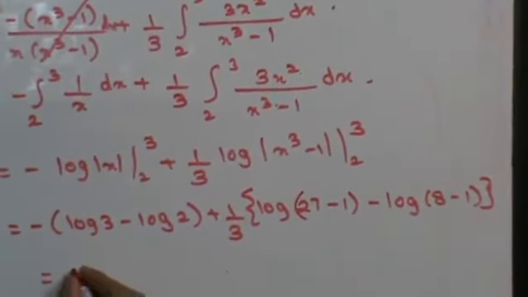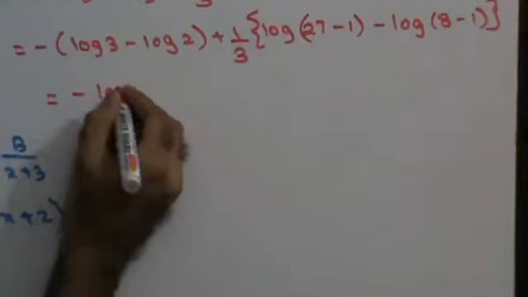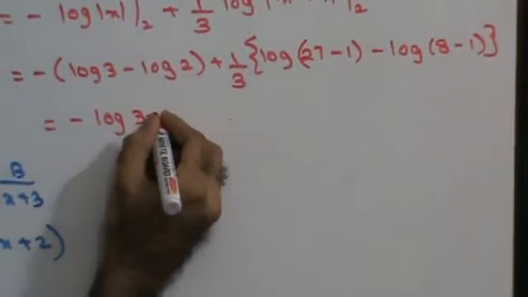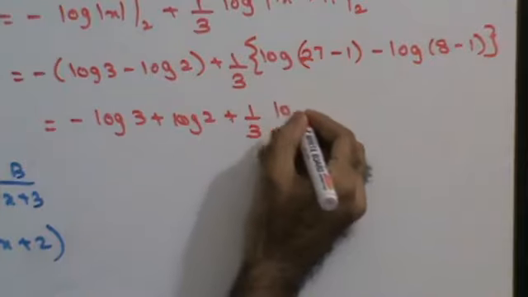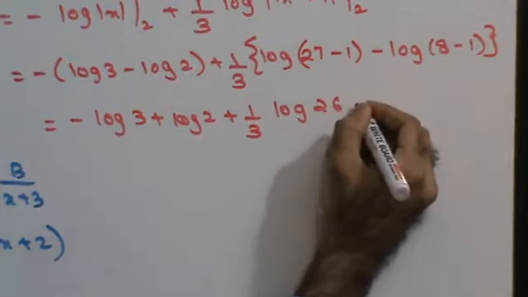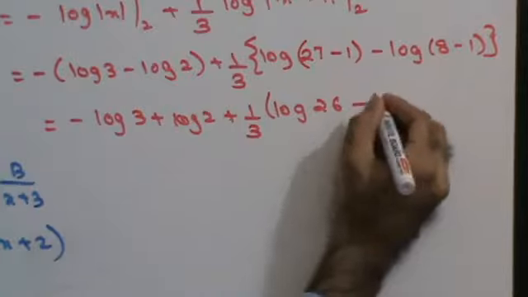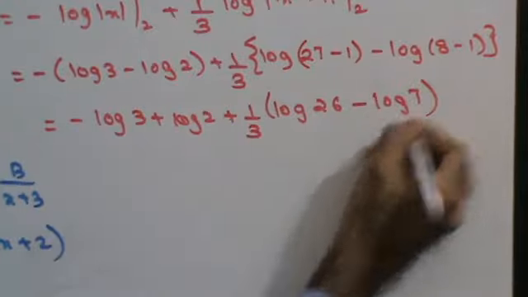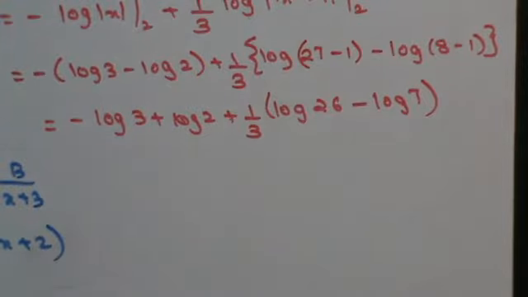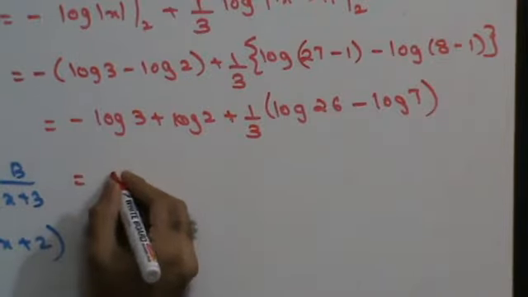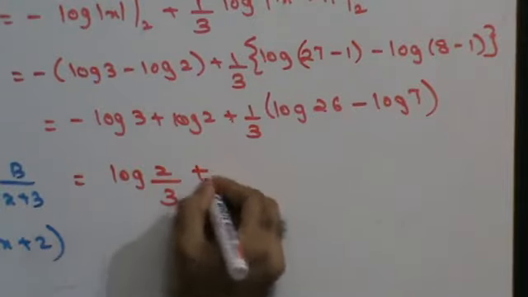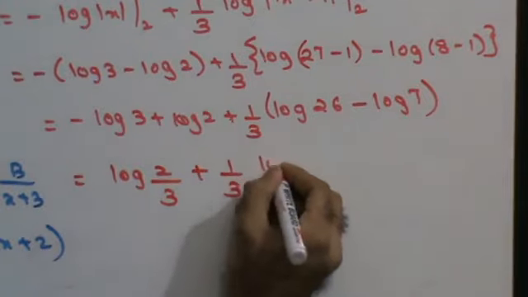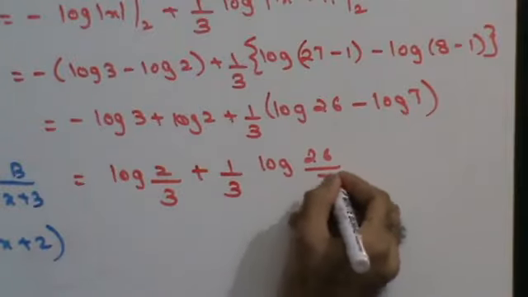So this is going to be negative log 3 plus log 2 plus 1 by 3 log of 26 minus log of 7. Now, this can be written as log of 2 upon 3 plus 1 by 3 log of 26 upon 7, right?